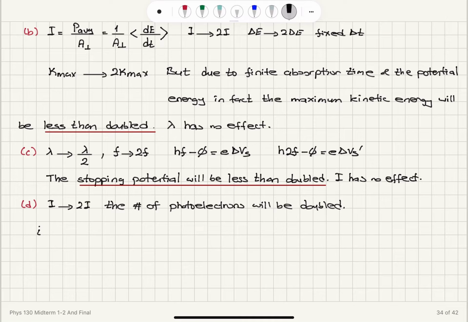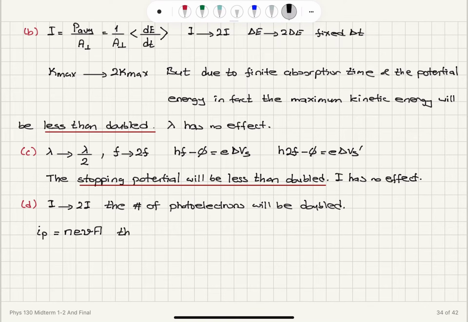Now the photocurrent, I_P, can be written as the electron density, photoelectron density, times the electron charge, times the drift velocity, multiplied by the cross-sectional area of the wire.